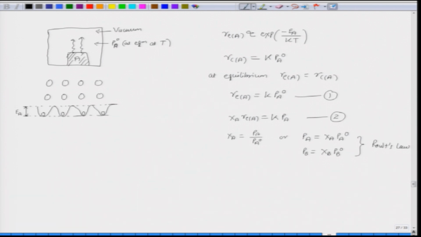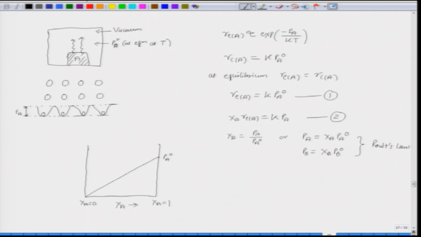If we try to plot how the equilibrium partial pressure Pa varies with composition, let us say with Xa, the y axis is the partial vapor pressure. For A, if the x axis is Xa, obviously at Xa equal to 0, Pa is equal to 0, and when Xa equal to 1 our Pa will be Pa 0, and Raoult's law tells me that there is a straight line relation.